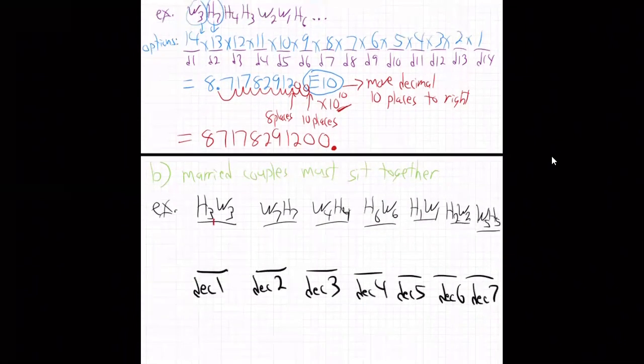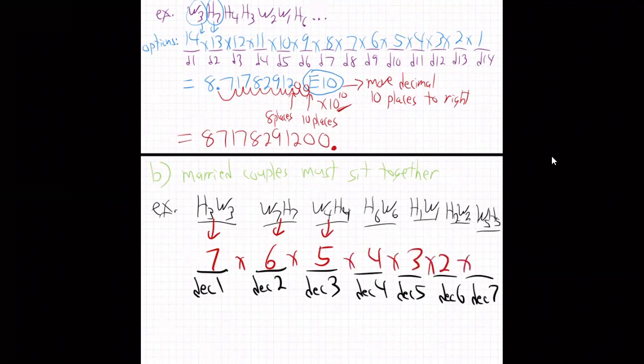There were 7 different couples. I chose to put that couple, the 3 couple, in the first spot. Times 6 couples I could have put in the next couple of seats. And then 5 couples, it just goes down by 1 every time. You just pick couples to put in the seats.